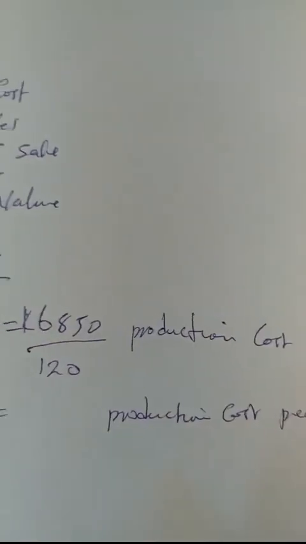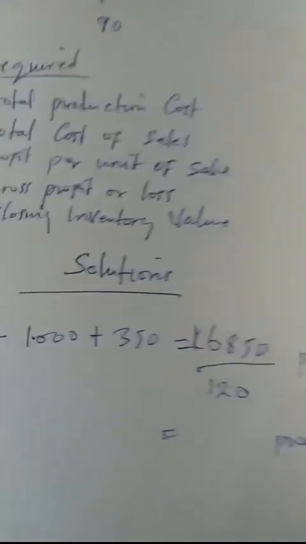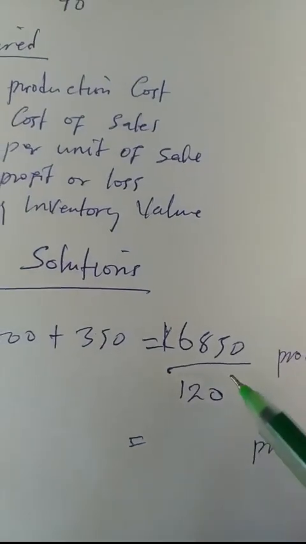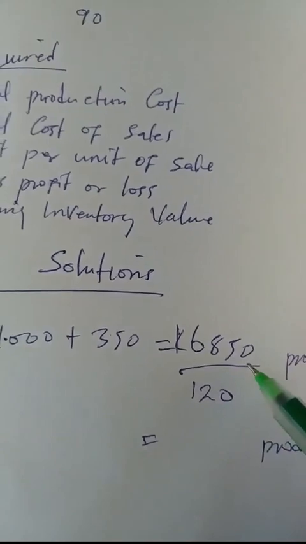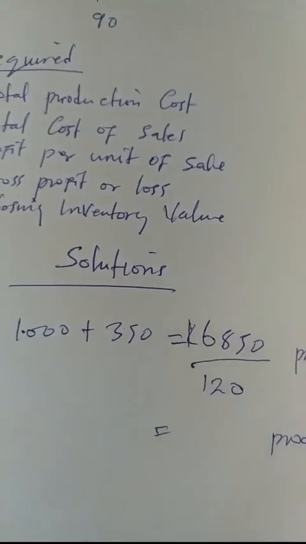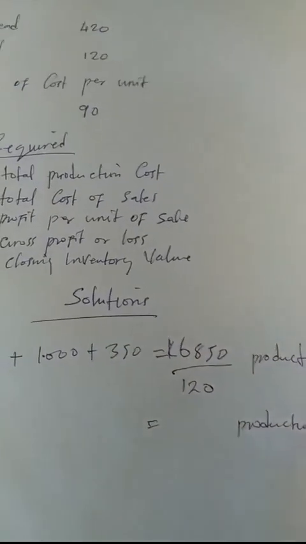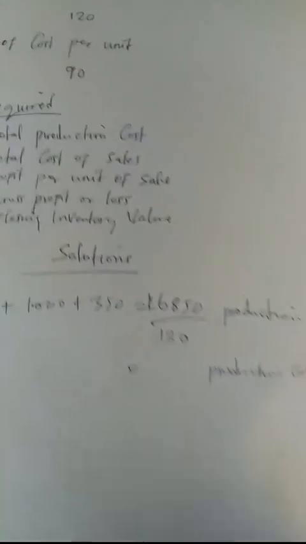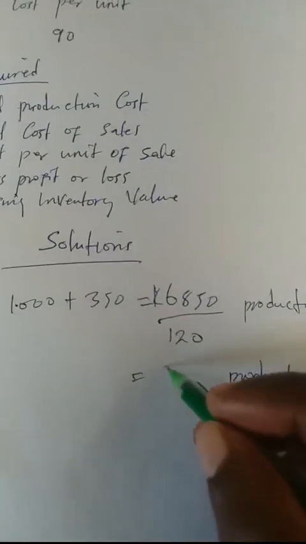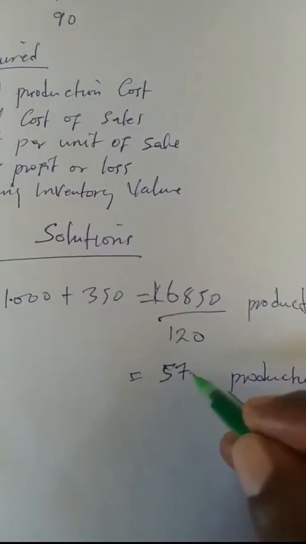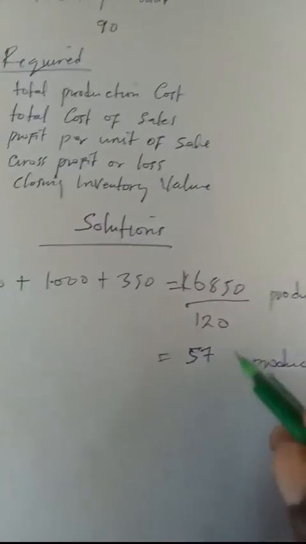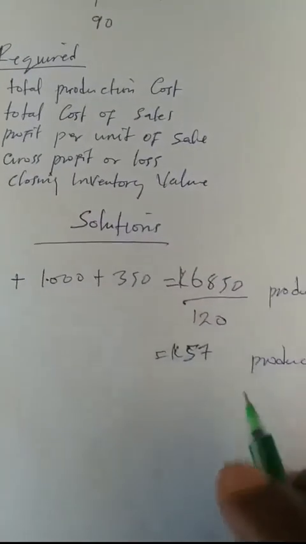Production cost per unit. So what's going to be 6,850 divided by 120? It's going to be 57. Sorry, not 1. It's going to be 57 kwacha per unit.